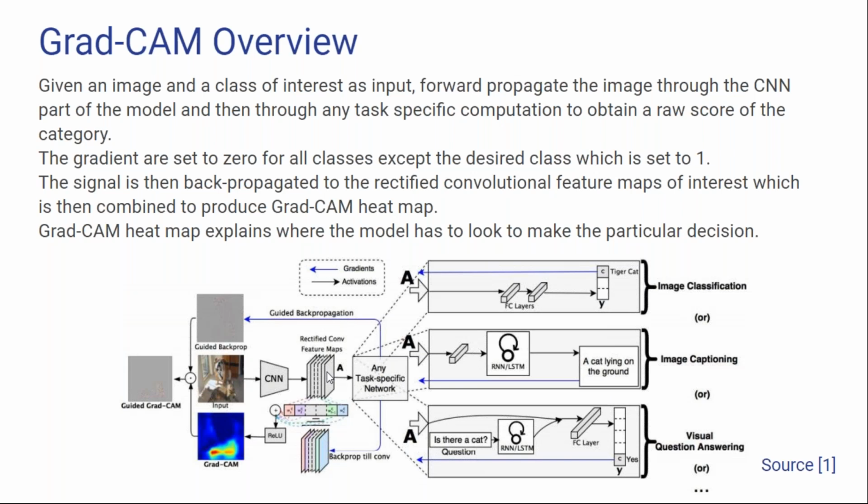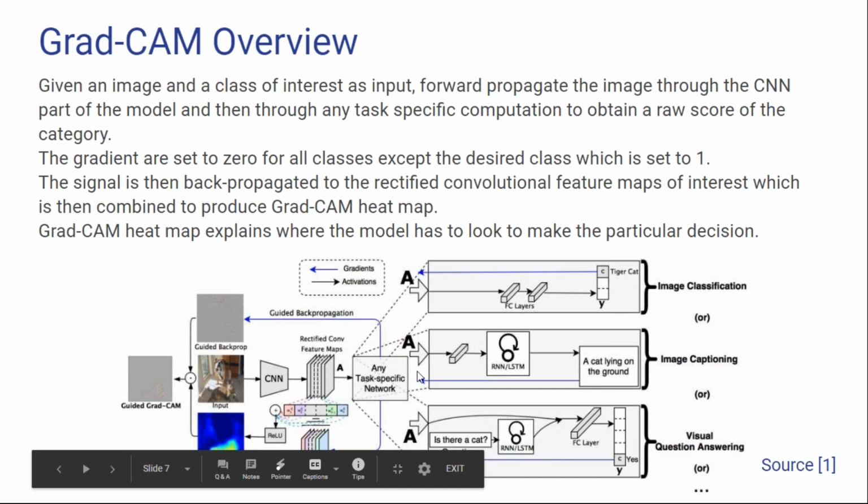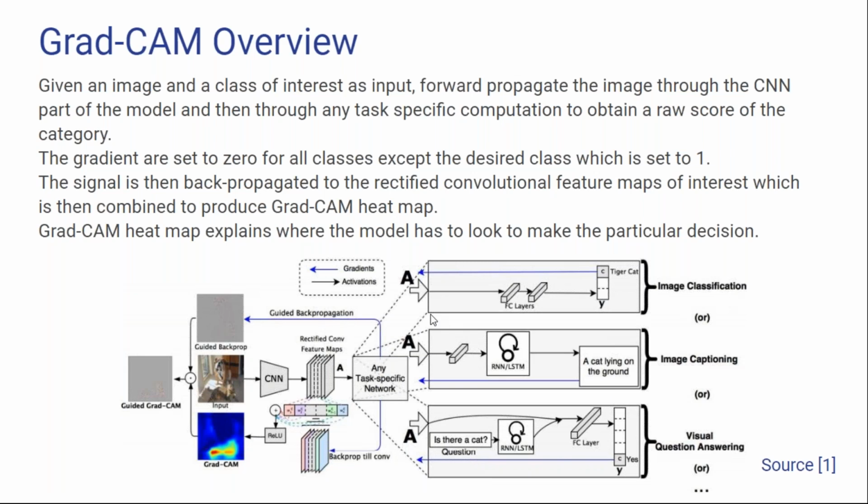Or you can use these feature maps and pass them through an RNN or LSTM architecture and do an image captioning task. Or you can use these feature maps and do a visual question answering task. Now I will explain Grad-CAM using the image classification task.